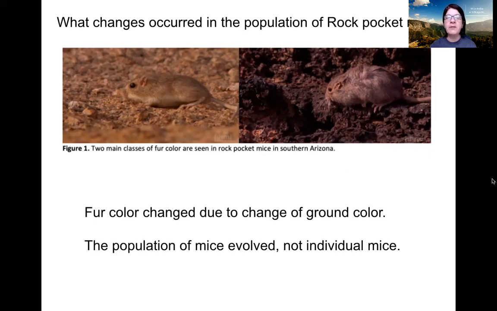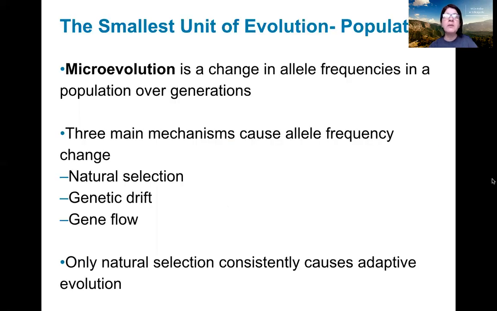The population of the mice that lived on the dark ground color where a lava flow had been deposited had a different genetic makeup. So the population of mice evolved. Again, not an individual mouse, but the whole population. So the smallest unit of evolution is the population.